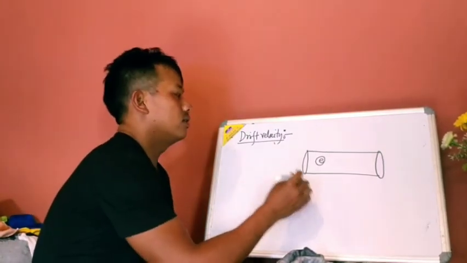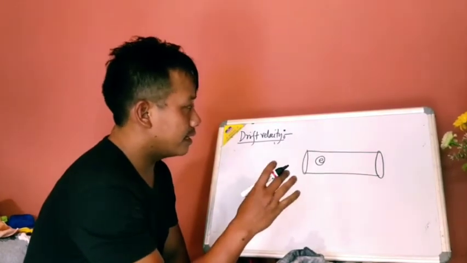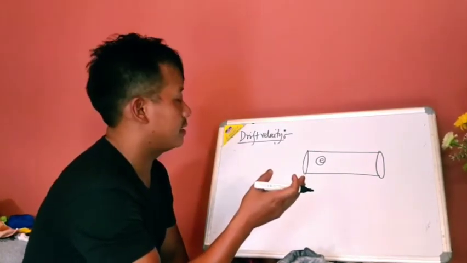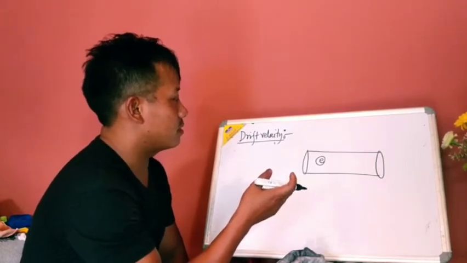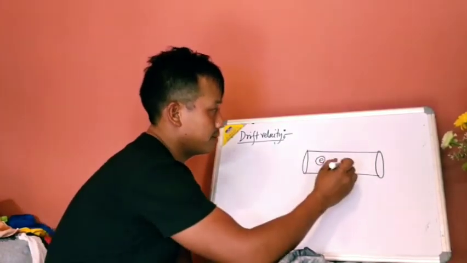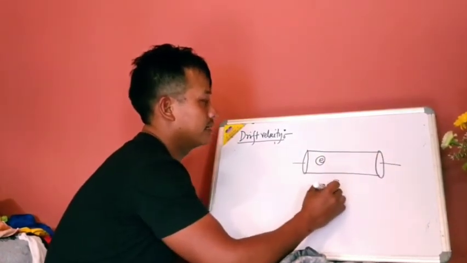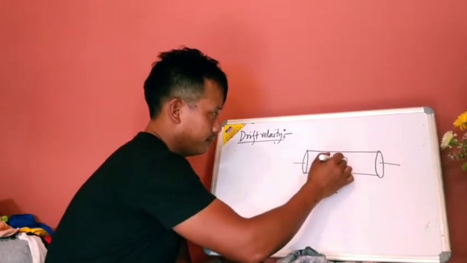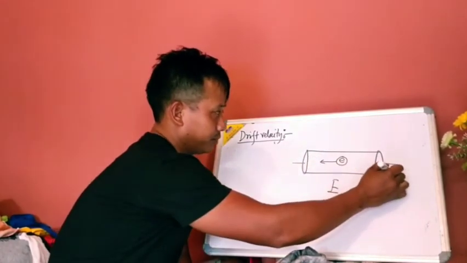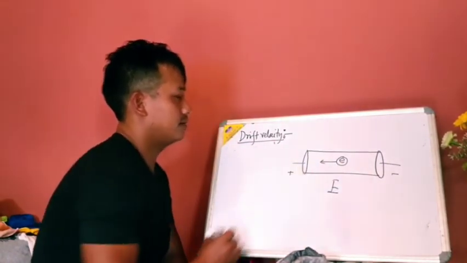A number of electrons might be present inside the conductor, but when an electric field E is applied, the electron will move from the negative terminal to the positive terminal.